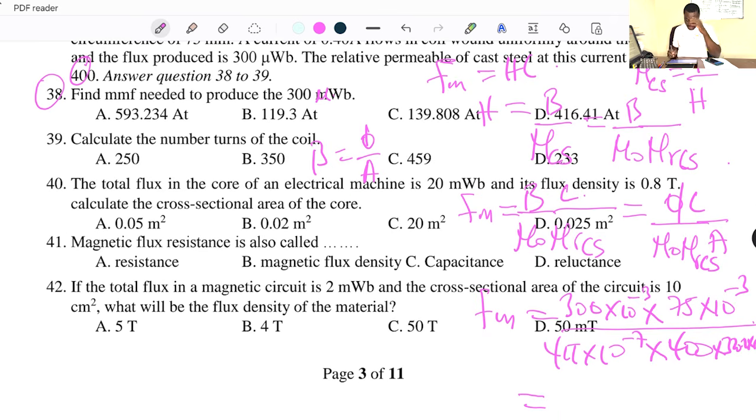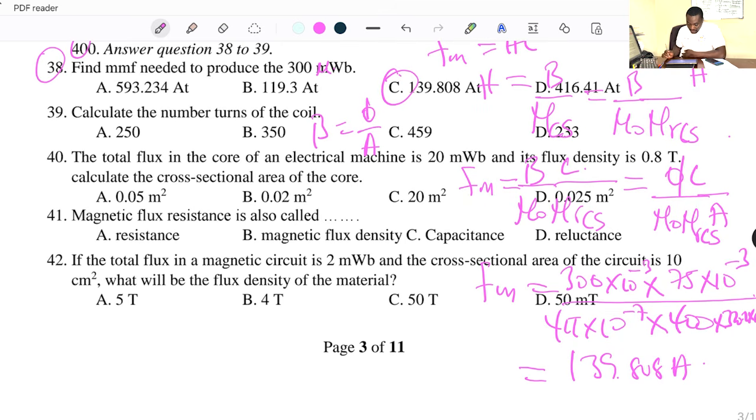So with all this, you solve this and you get the answer to be C, right? You get it to be 139.08 amps.